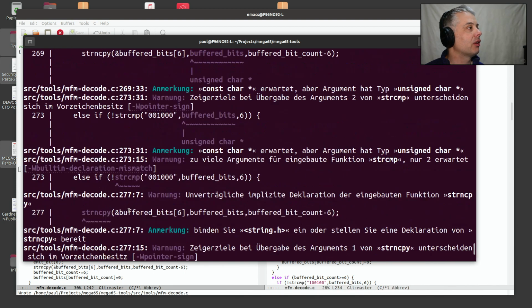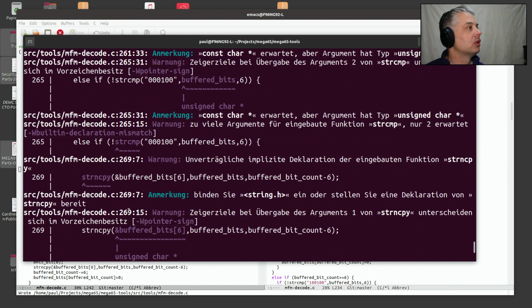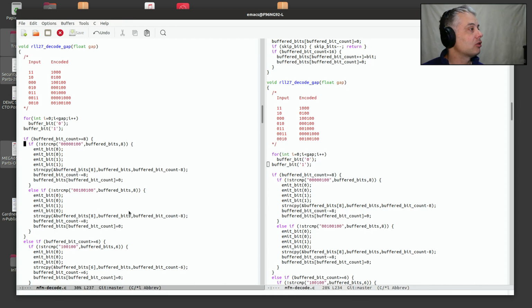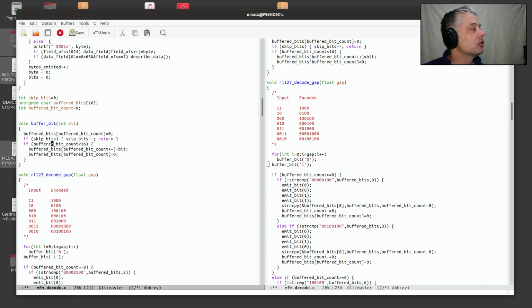I still have an error, right? Oh, yeah, it's complaining bitterly because I'm still using strcmp there. Oh, that should be strcmp as well. And we should just make that char instead of unsigned, and that will quieten lots of that down.